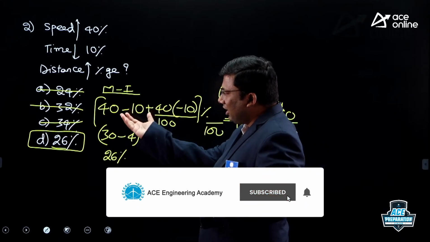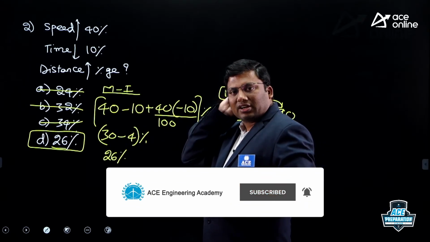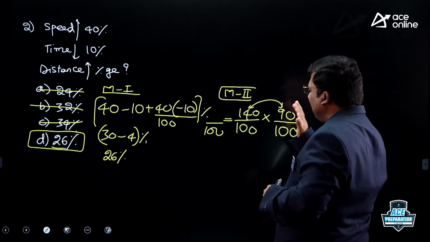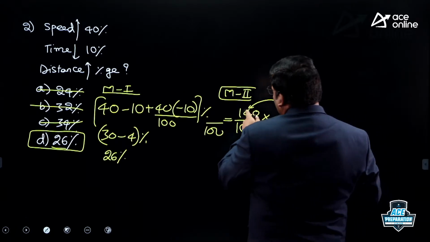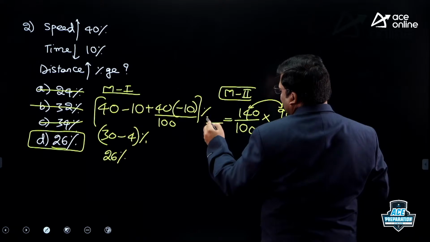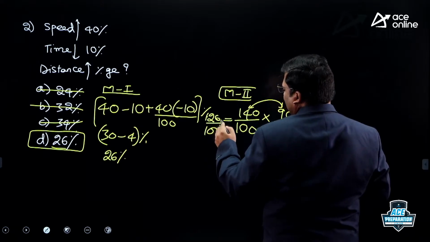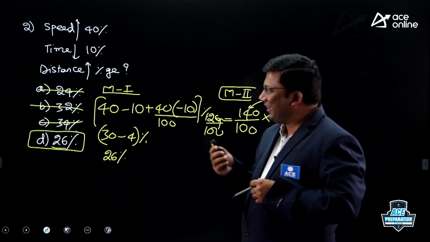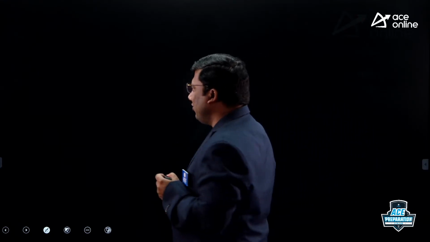On 100, a 26 increase. That also you can use the concept of digital sum. On 100 it becomes 126, so the increase is 26%. I think the idea should be very, very clear.